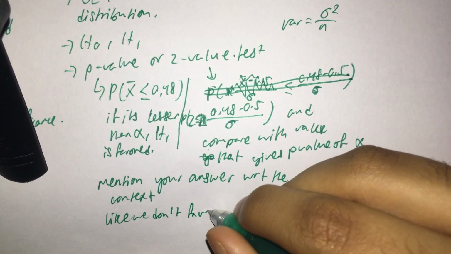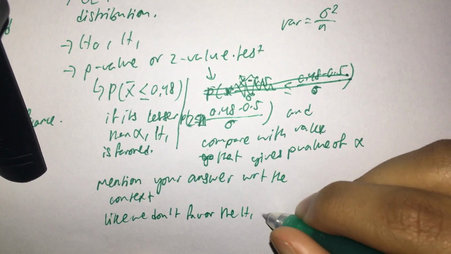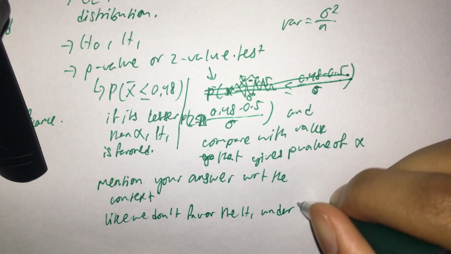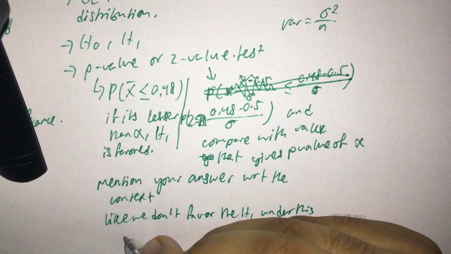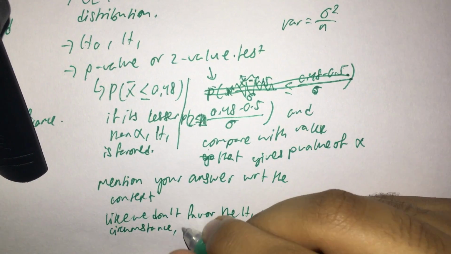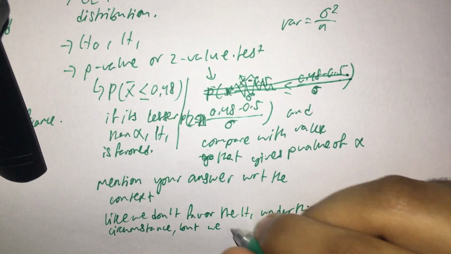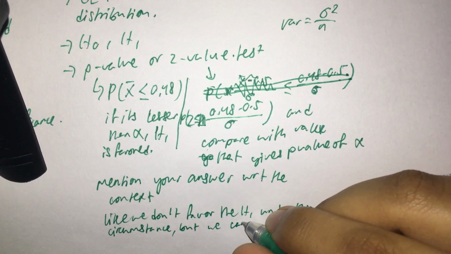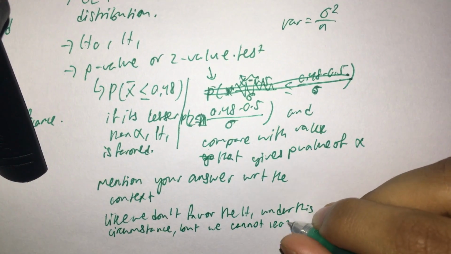But once you find out that it is lesser than 0.01 in our example, then you can go ahead and say we favor the alternative hypothesis in this scenario. Of course, you don't just say alternative hypothesis, but you mention what that hypothesis is.